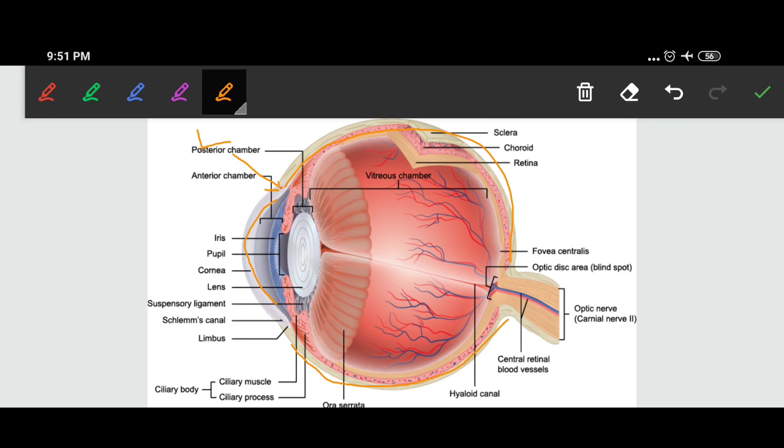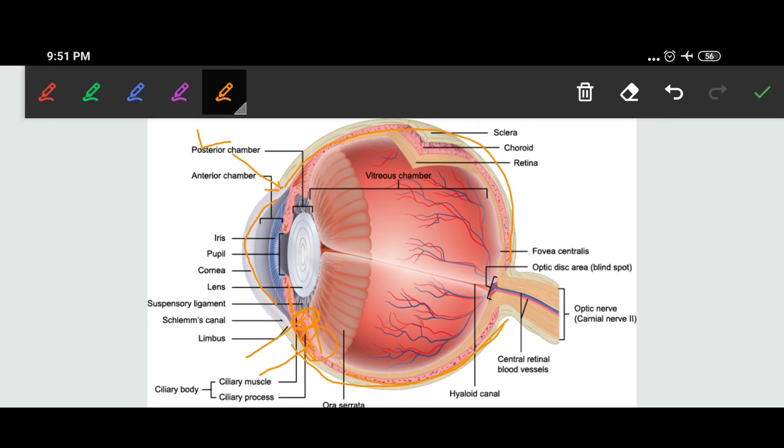Okay guys, and then comes our middle layer. Our middle layer consists of the iris, and then it's attached to the ciliary body, which consists of two parts. The anterior part is pars plicata and the posterior part is pars plana, which continues further to the choroid.